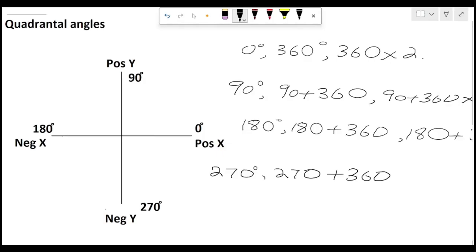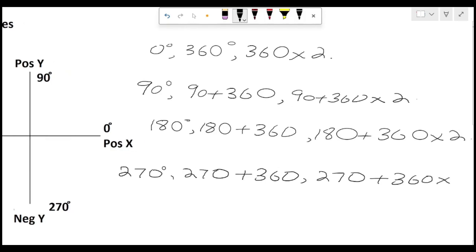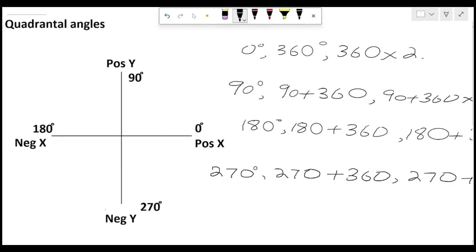Another rotation is, for example, completed, so that means 270 degrees is added with 360 multiplied by 2. And if you come to the last quadrant, which is 0 degrees, that will be just the same. That's why we wrote it first. So these are the terminal rays which are along the positive x-axis, positive y-axis, negative x-axis and negative y-axis.